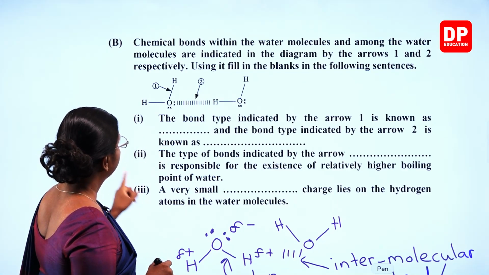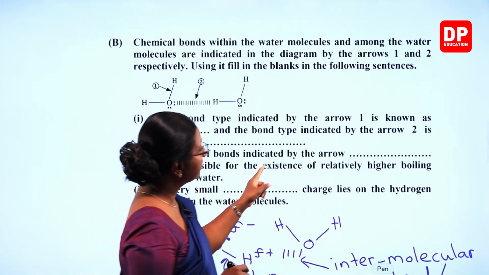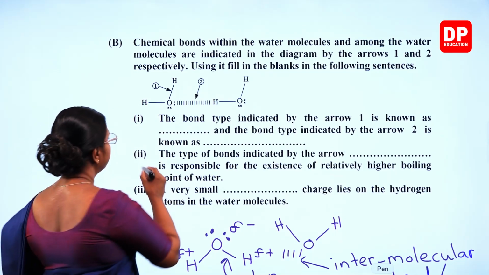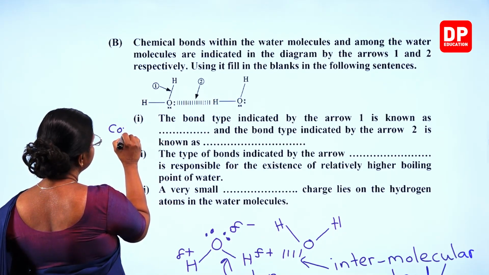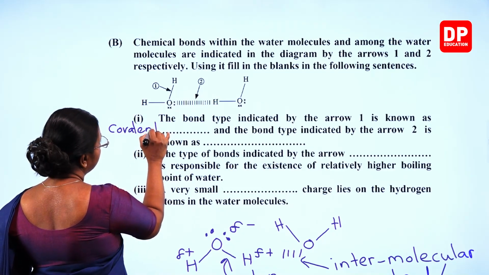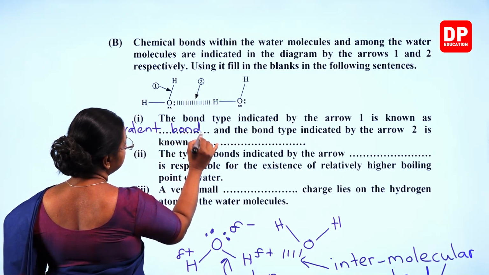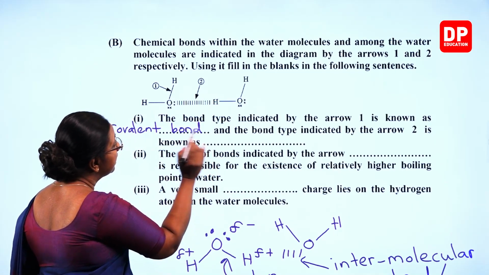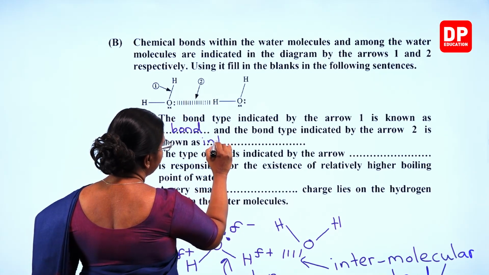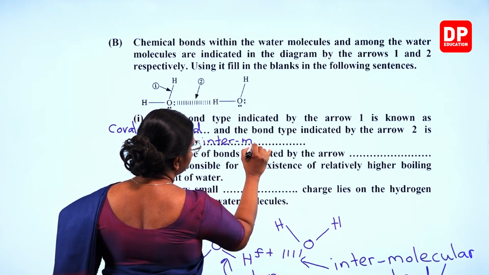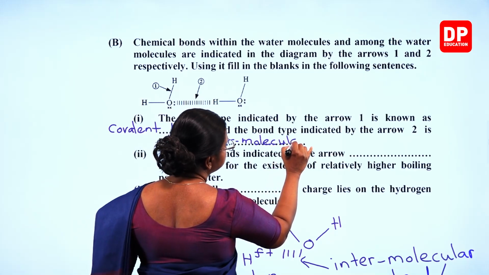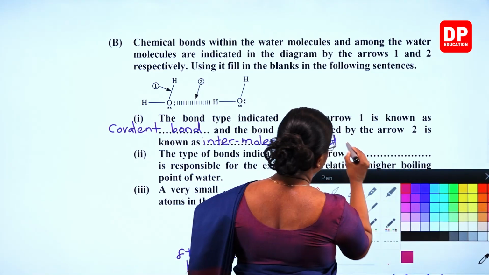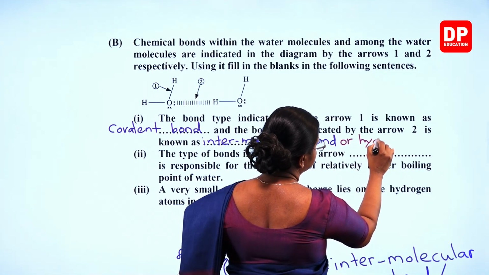So the first one. The bond type indicated by arrow 1 is known as, so arrow 1 is the covalent bond. And the bond type indicated by arrow 2 is known as, here you can see, intermolecular bond, or you can say hydrogen bond.